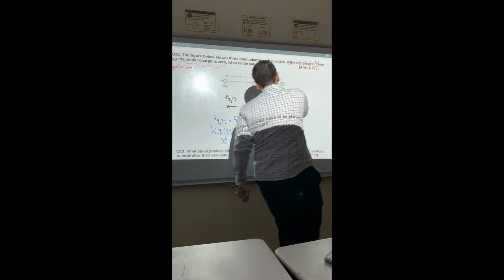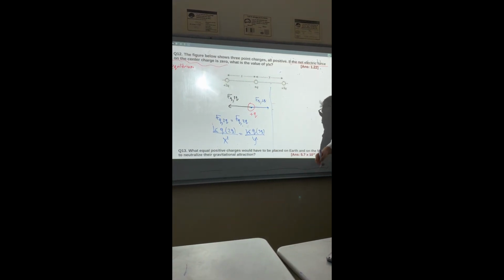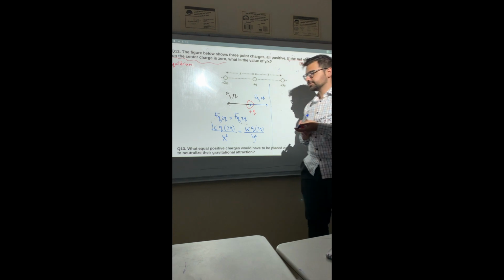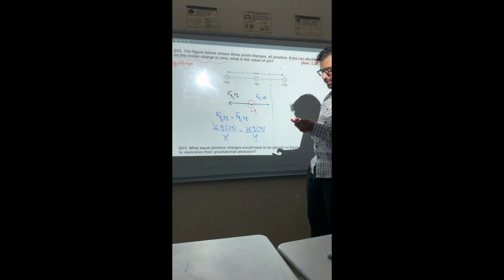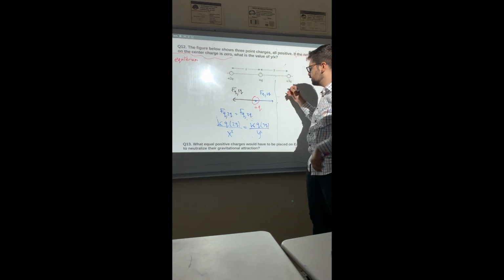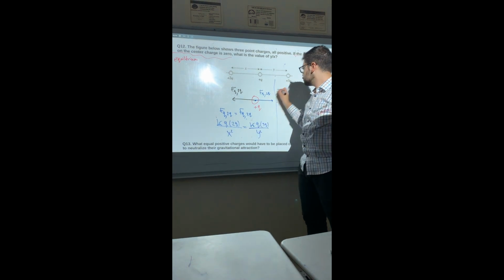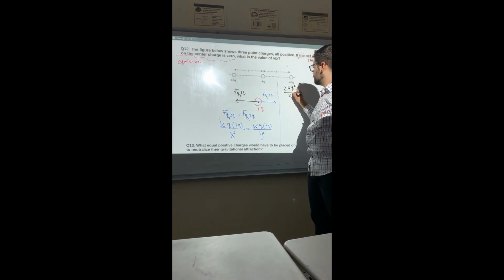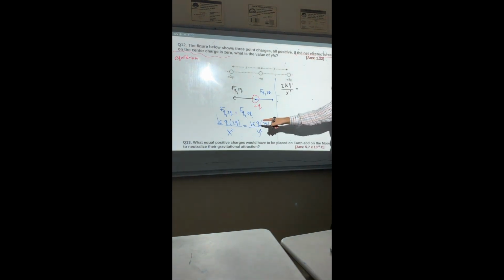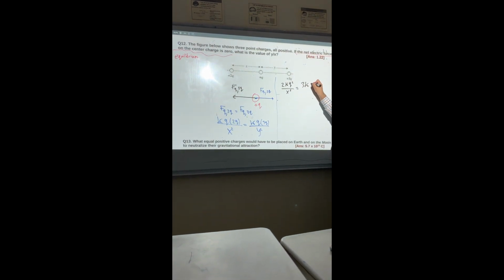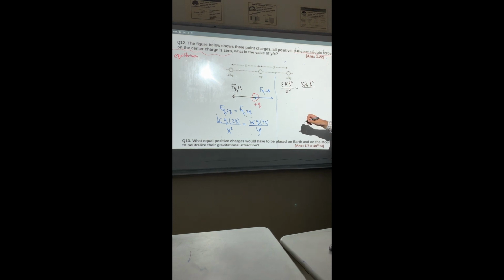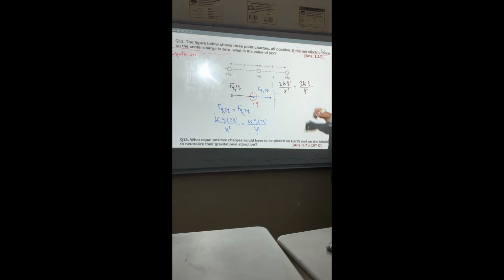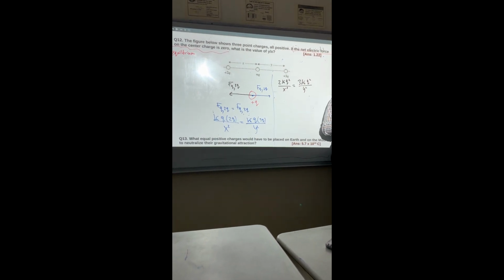Now, look at this. Before that, let's rewrite this in another form. So we'll have 2kq squared over x squared is equal to 3kq squared over y squared. What is something which is common on both sides?